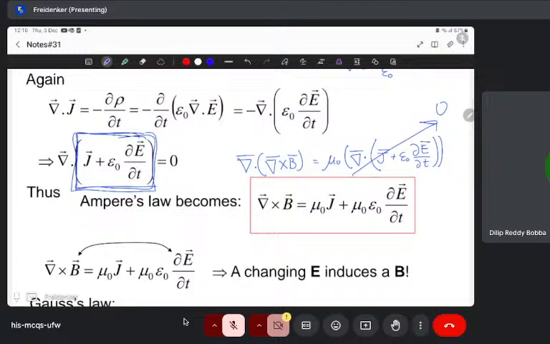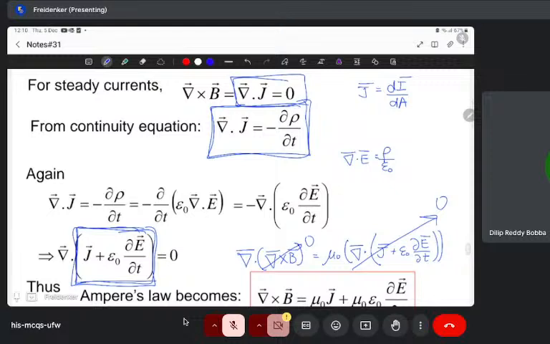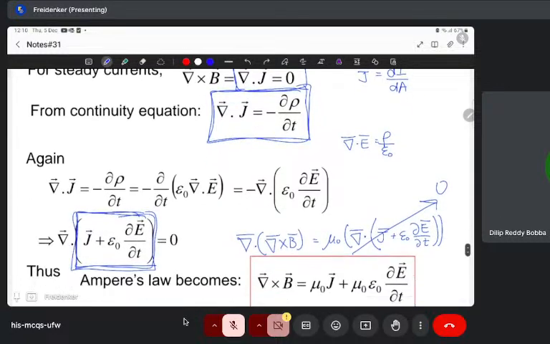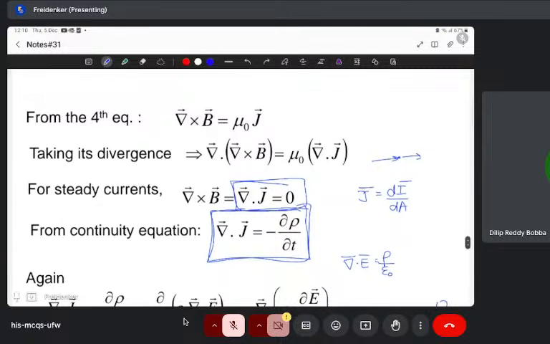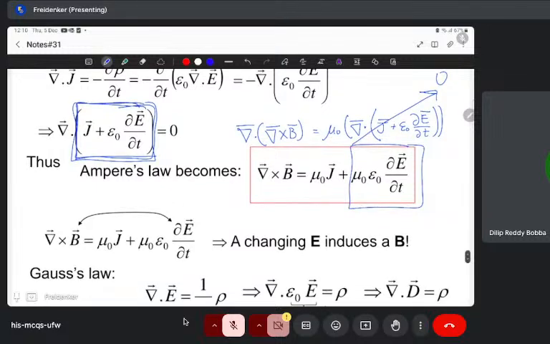That would mean the curl of the magnetic field is also zero. Anyways, Maxwell thought about something and then he added this extra term over here. So this is called Maxwell's correction.